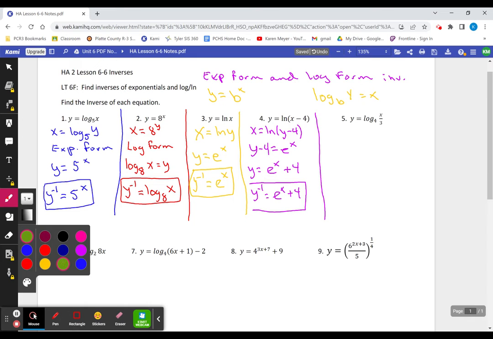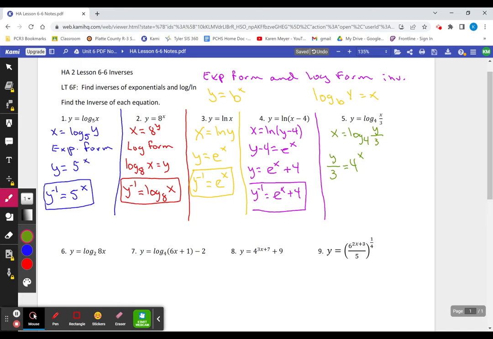Okay, 5. Start by switching x and y. So x equals log base 4 of y over 3. Okay, so let's rewrite it into exponential form. So y over 3 equals the base, which is 4 raised to the x.